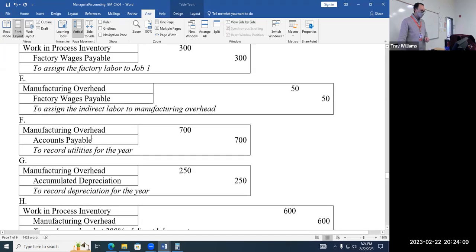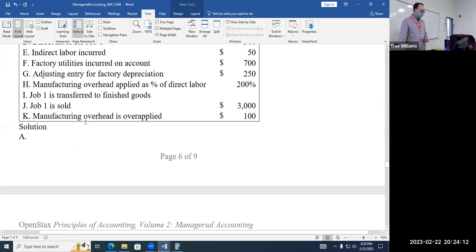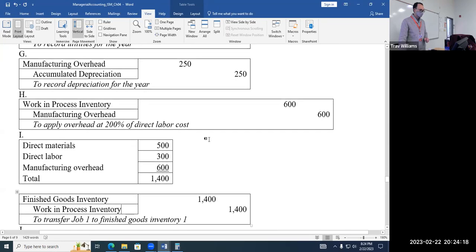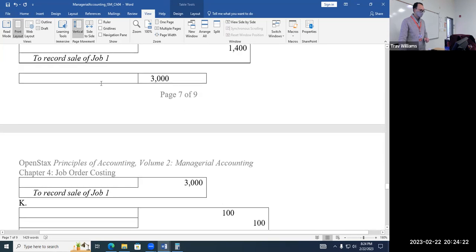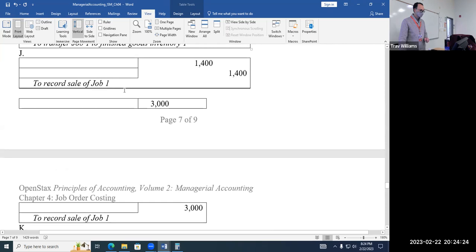And what is J? I think we sold it. We sold it for $3,000. Okay. So we've got 4 accounts here. How are we going to journalize this sale? Okay.